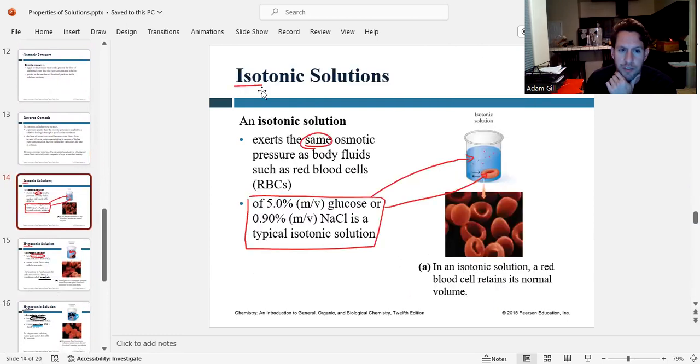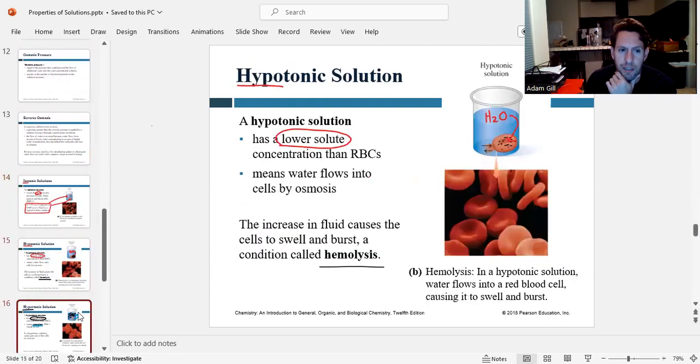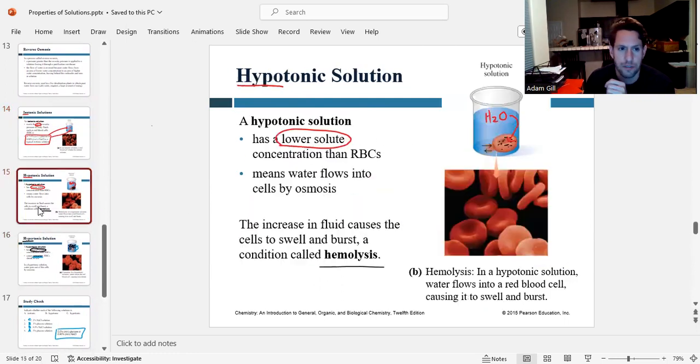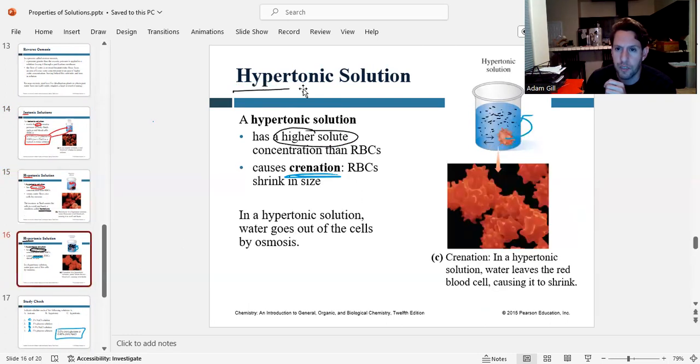And then we talked about isotonic, hypotonic, and hypertonic solutions. Iso is when there's the same concentration, when there's no change. A hypotonic solution has lower solute concentration, so water goes into the cell. Hypertonic, there's more particles outside the cell, and so water goes out of the cell.